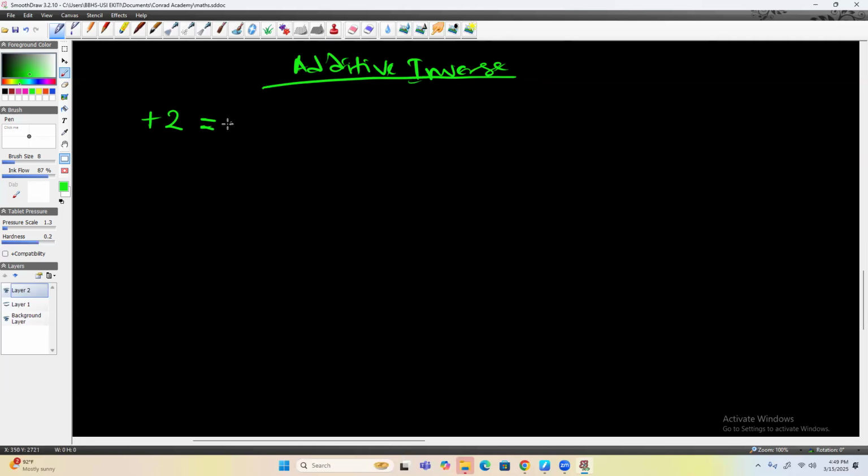Negative. So you write -2. So -2 is the additive inverse of +2. Why? Because if you add the two of them together, you have 2 minus 2, which will give you 0.